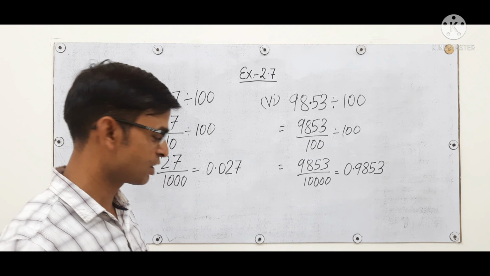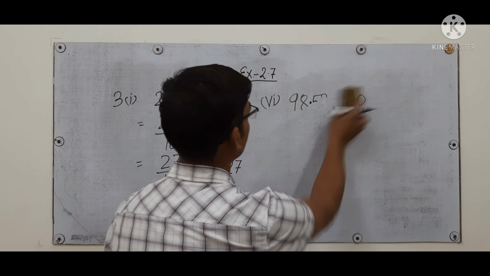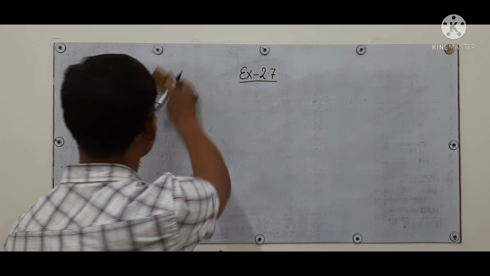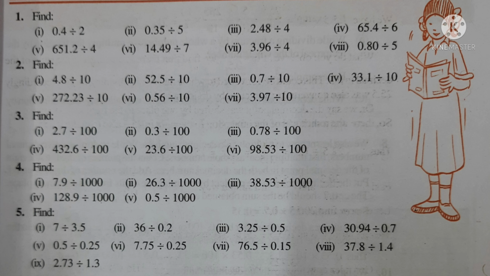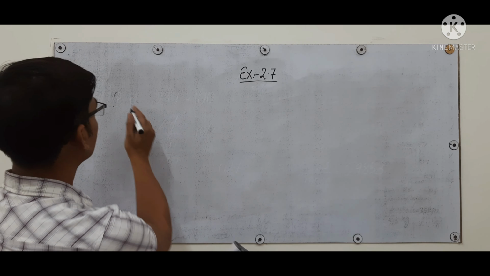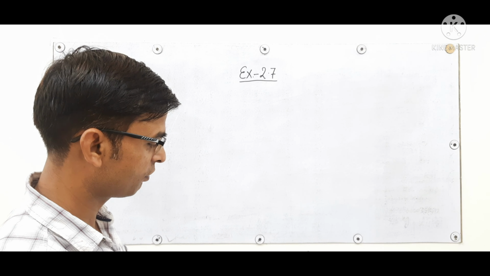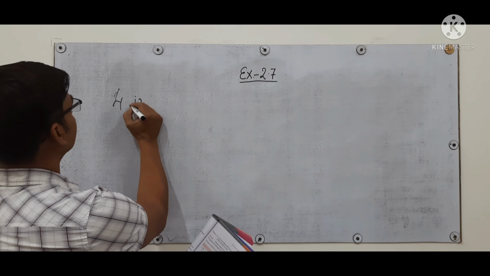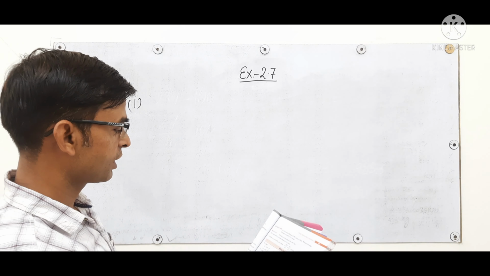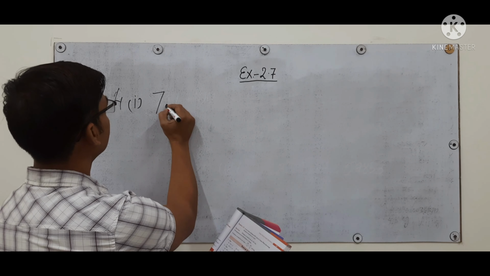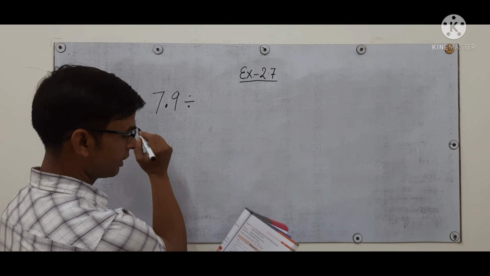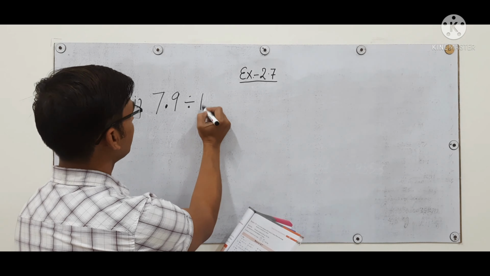Okay students, now we will solve question number 4. Question number 4 is also just like this, but in this there will be some bigger digits. So let's see how we will solve question number 4 part first. It is 7.9 divided by 1000.